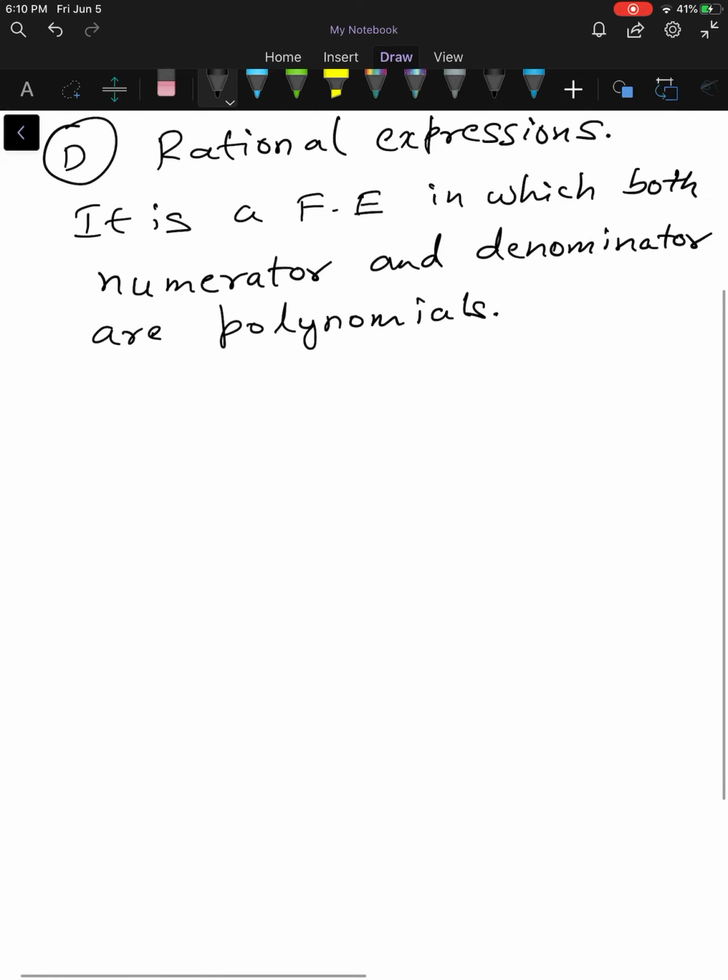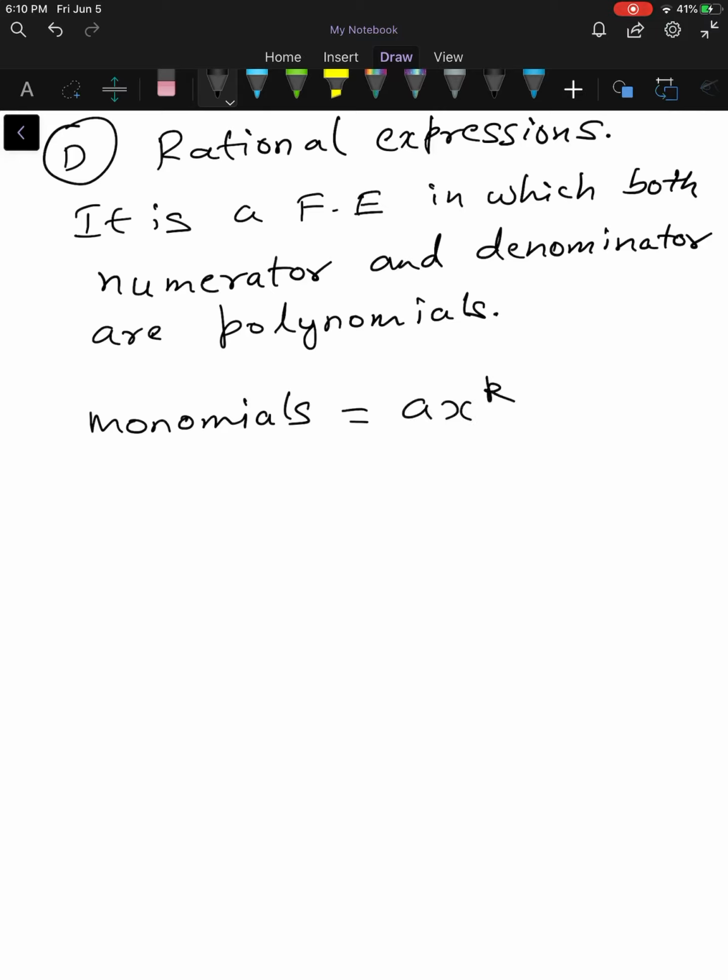So now you may wonder what is the difference between both the definitions. We can recall polynomials are nothing but sums of monomials, where monomials are of the form ax^k, where a is a real number, and k will be a non-negative integer.